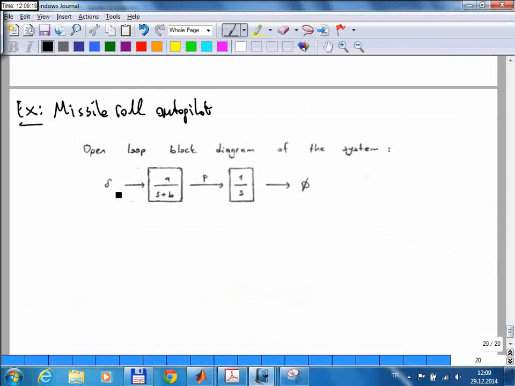So the input is the aileron deflection angle. So we use ailerons to control the roll motion. You know that. So there's a first order transfer function, and that transfer function gives you the roll rate. This is roll rate.